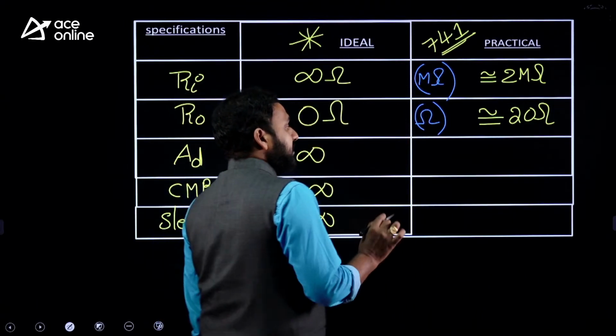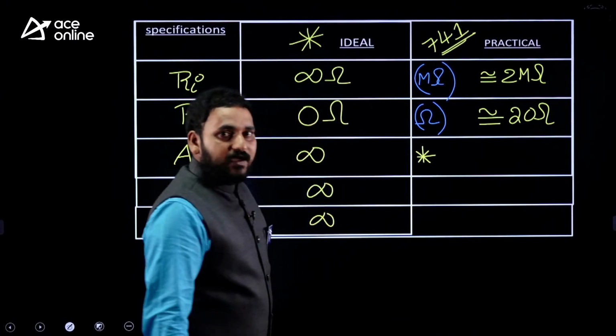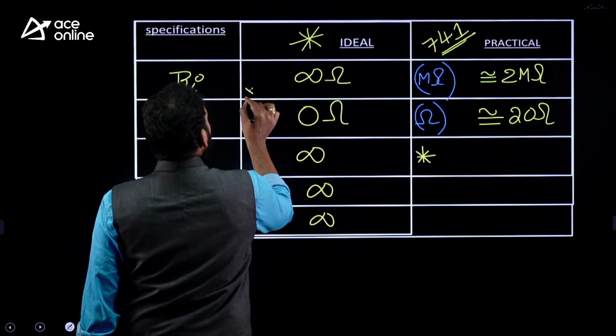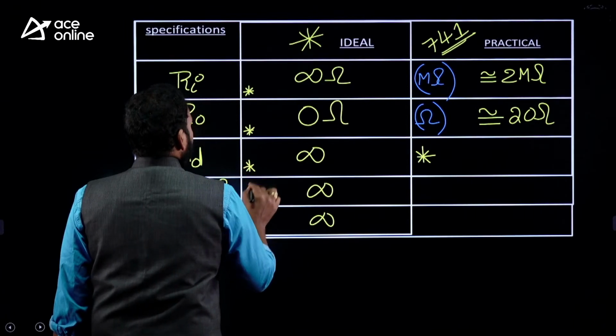Differential gain, I am taking the star mark here. This value is a standard value you need to memorize. I am taking the star mark here also, my dear friends. For all ideal values, you must remember.